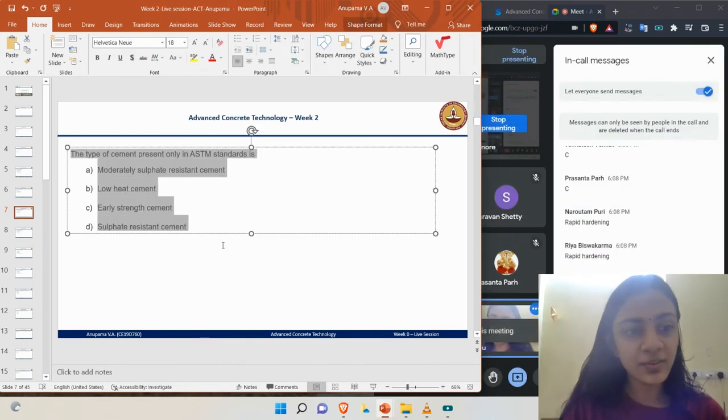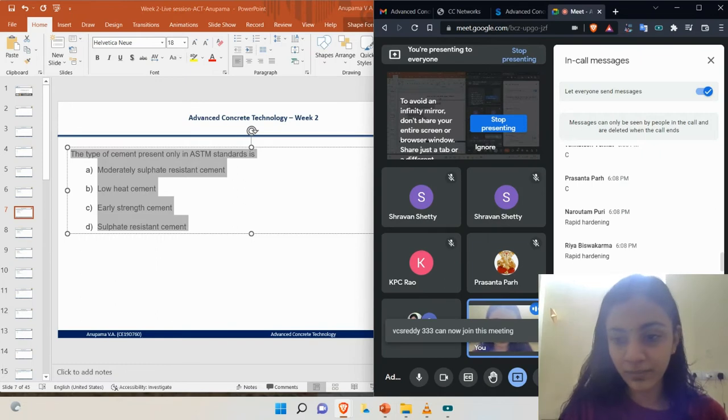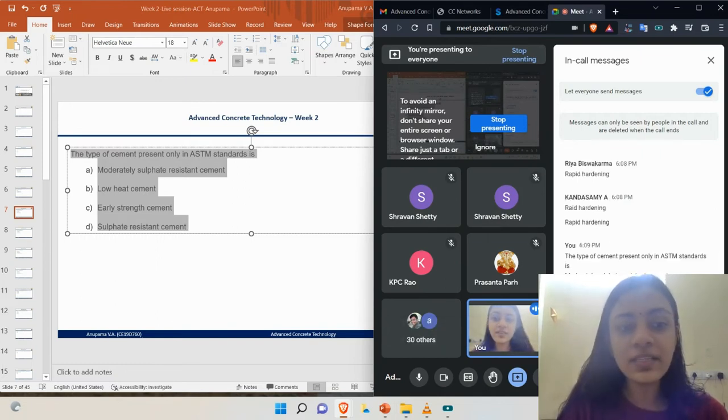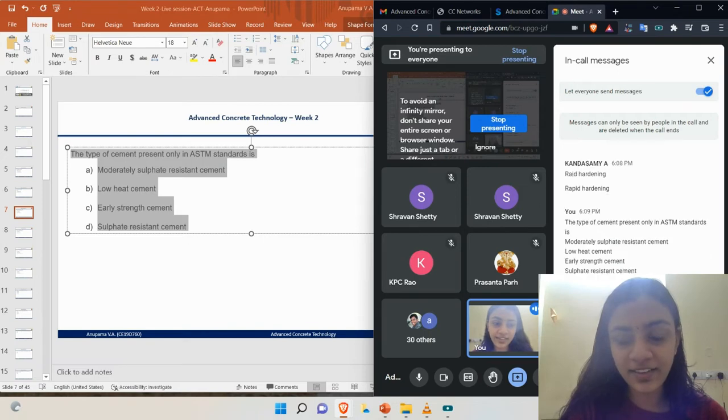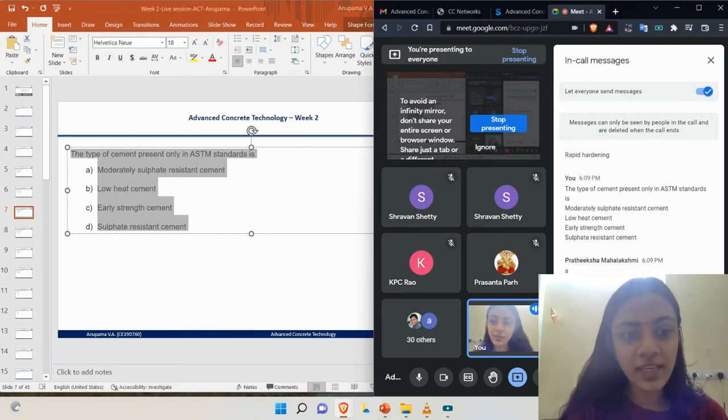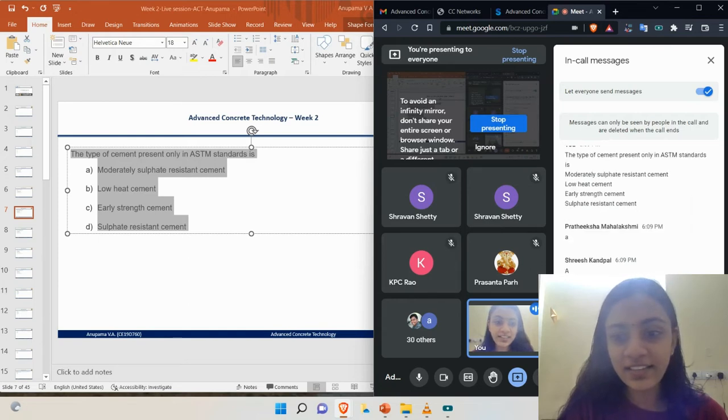You can see this question in the chat box, I'm hoping. The type of cement present only in ASTM standards is dash. Option A, moderately sulfate resistant. Option B, low heat cement. Option C, early strength cement.